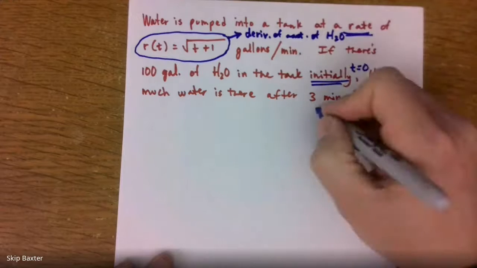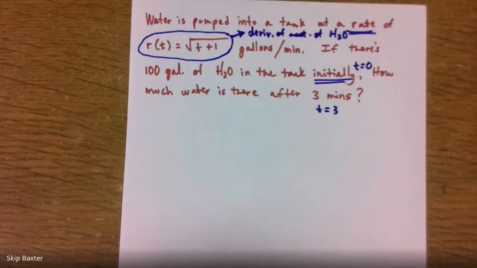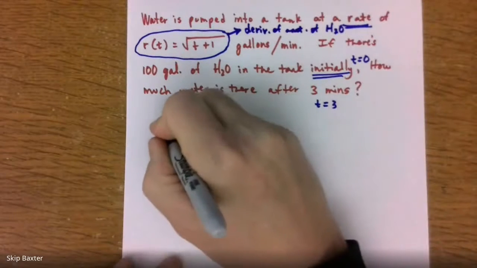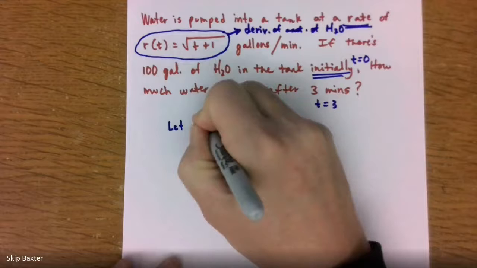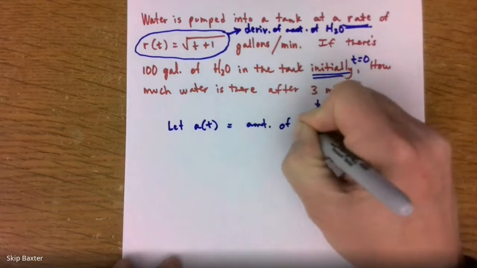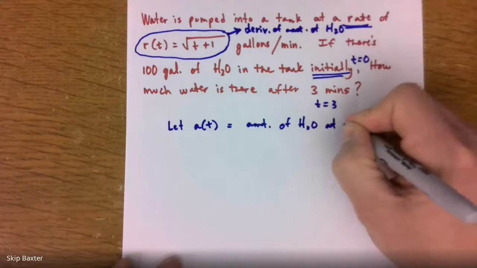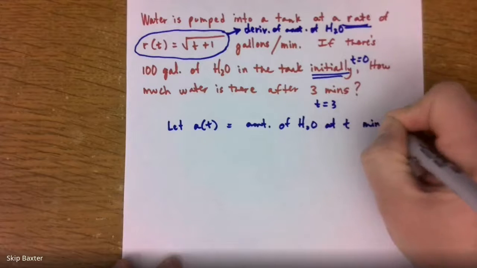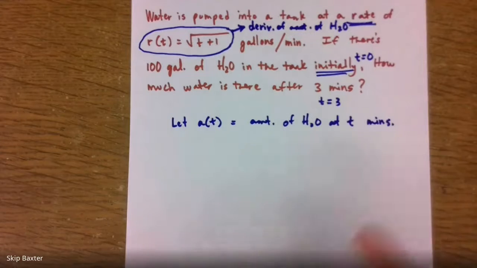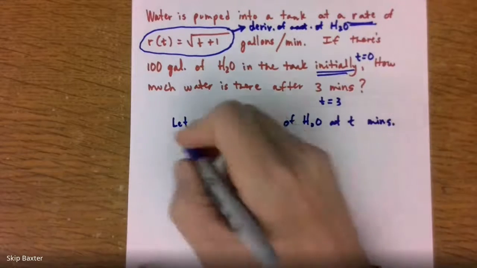How much water is there when t equals 3? That's what they're asking us to find. So let's say a of t equals the amount of water at t minutes, measured in gallons, of course. We're trying to find a of 3.